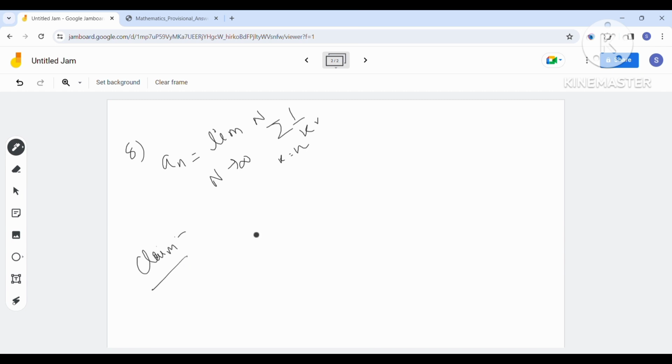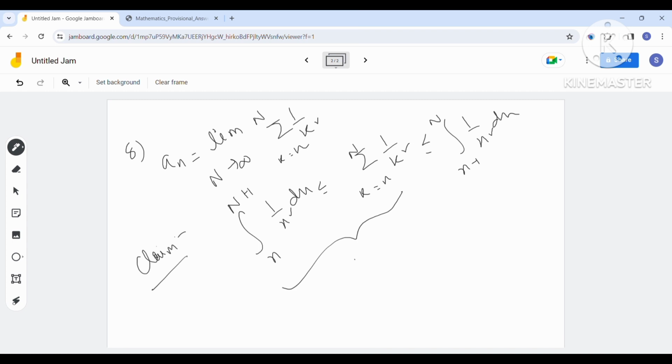I already told that the claim is basically a comparison. Okay, so we are going to use some sandwich argument. So the claim is that the integral from small n to capital N plus 1 of 1 by x square dx is less than or equal to summation 1 by k square, k equals n to capital N, which is less than or equal to the integral from n minus 1 to capital N of 1 by x square dx.